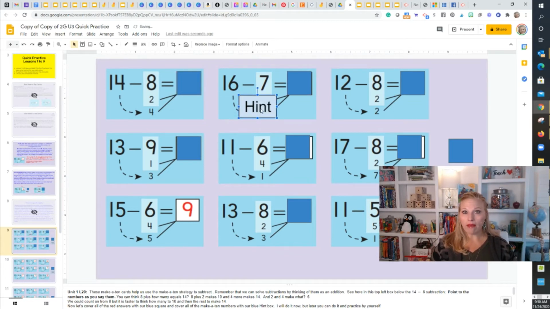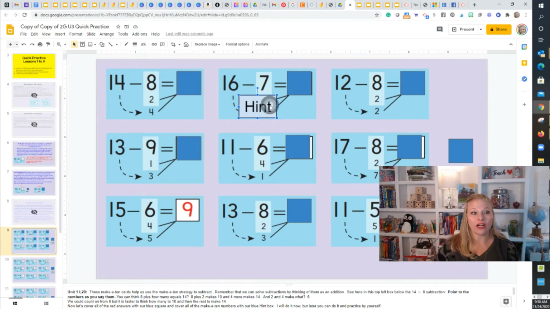7 plus what makes a 10? Class, 3. Keep it holding up. Boys and girls, how many more to make a 10? 6. Boys and girls, if I have 5 and I add that 1 more for the 6, how many did I add up to make to subtract? And they would say 9.